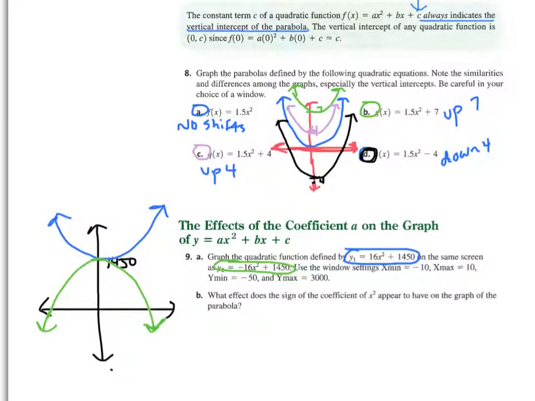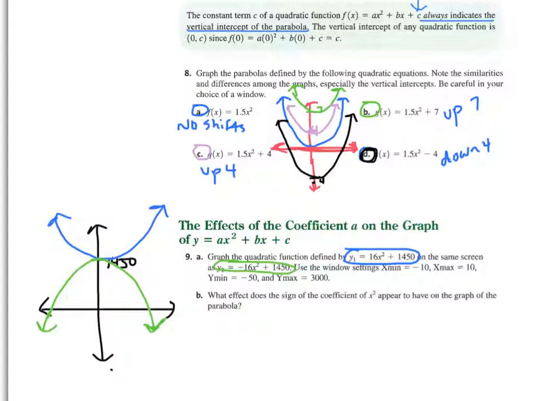All right, so then we're going to compare the one we had before, the negative 16x squared, to a positive 16x squared. So over here I have both graphed. The green one is the initial one, and the blue one I color coded for you. The blue graph is if I made it a positive 16. The only difference is that it had the same y-intercept because 1450 was the same, but the second one, the blue one, opened up.